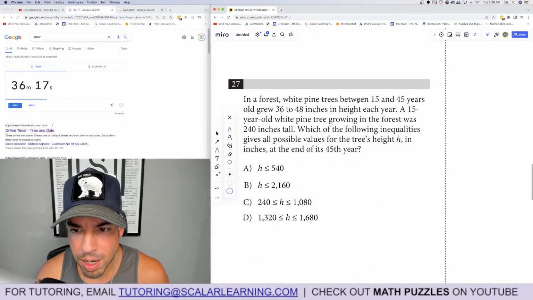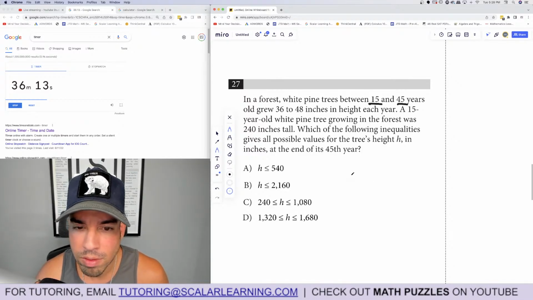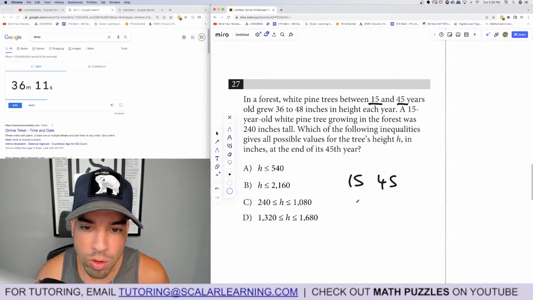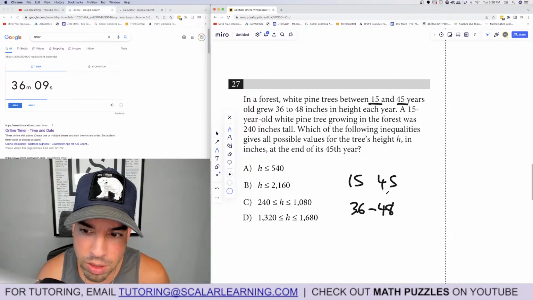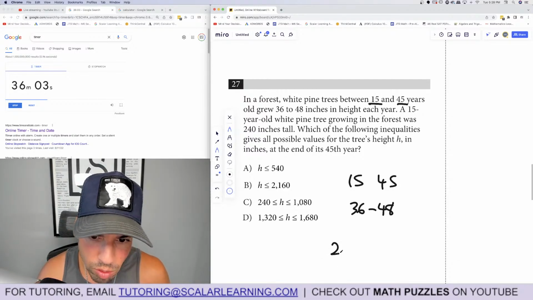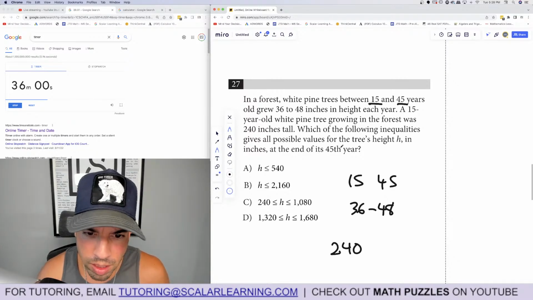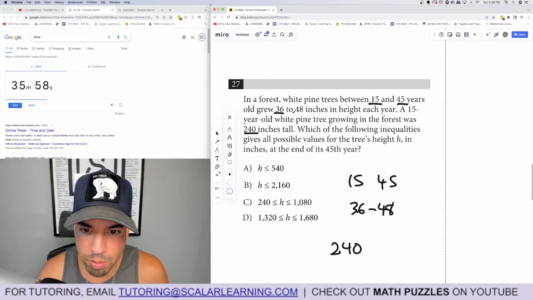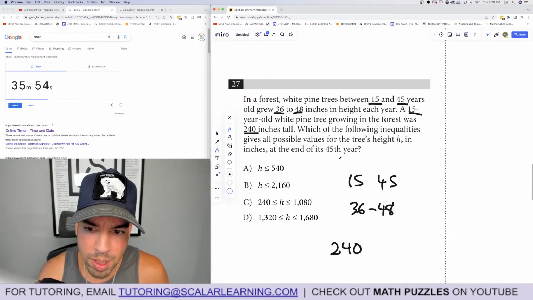In a forest, white pine trees between 15 and 45 years grew 36 to 48 inches per year. Okay, a 15-year-old white pine tree growing in the forest was 240 inches tall. Which of the following inequalities gives, or let me underline, boom, boom, all possible values of the tree's height in inches after its 45th year?